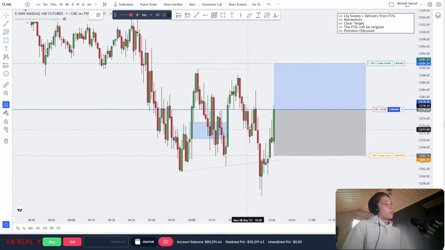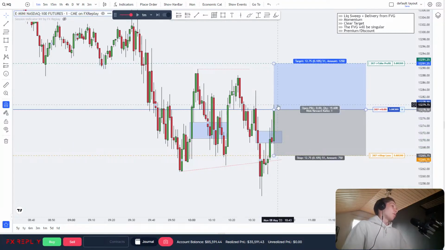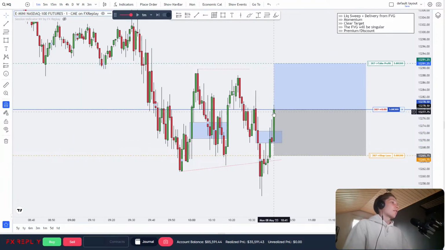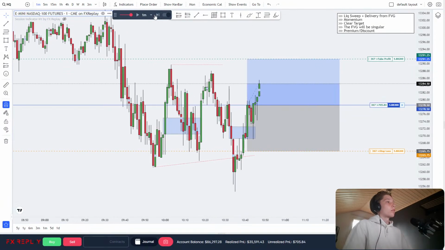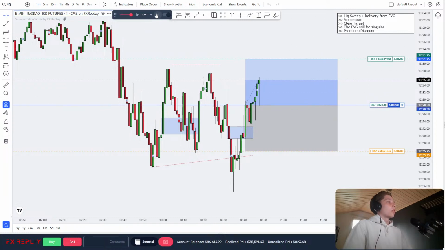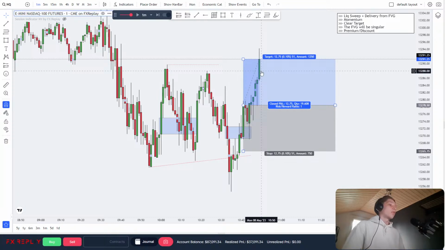It chops inside, so it's a little bit of good momentum, but not like the last candle that breaks that. Clear target, yes. Sell side swept. FVG singular, yeah. Premium, yeah. So I think this still works.